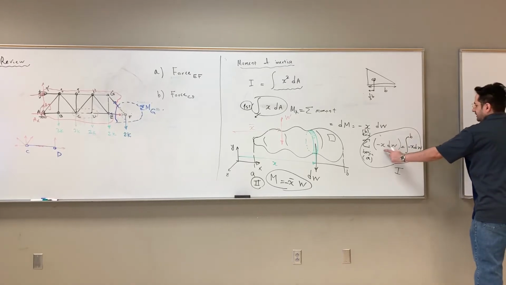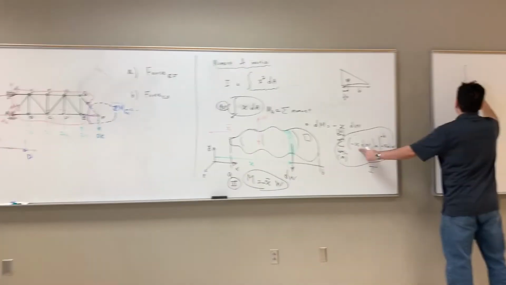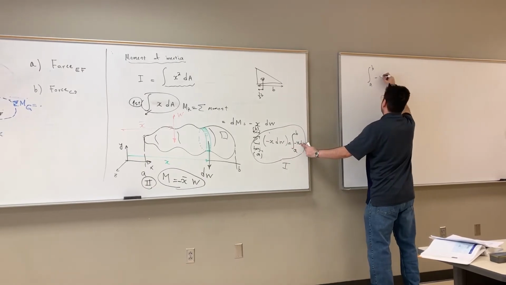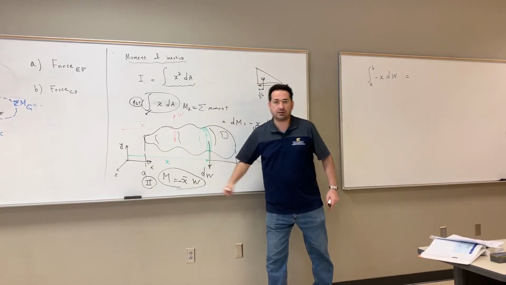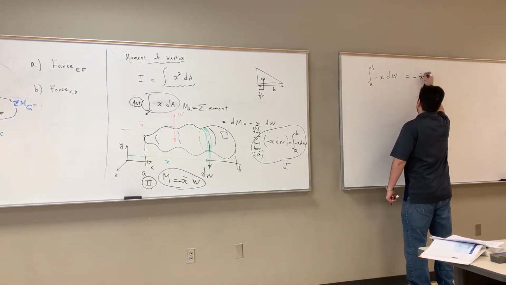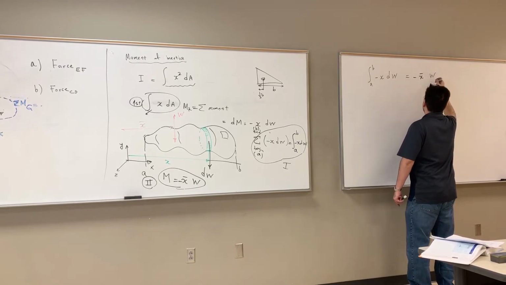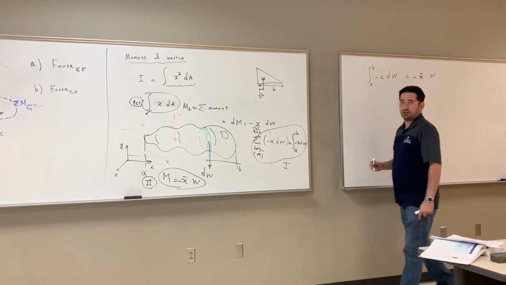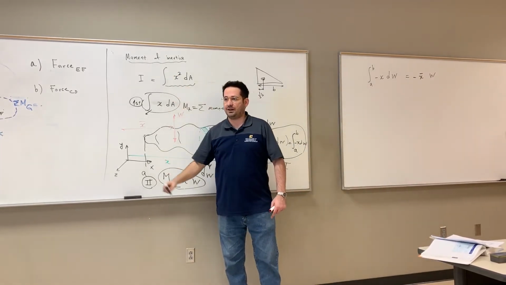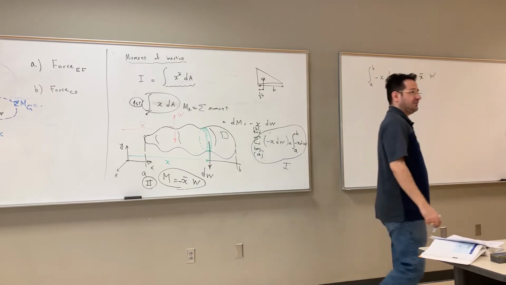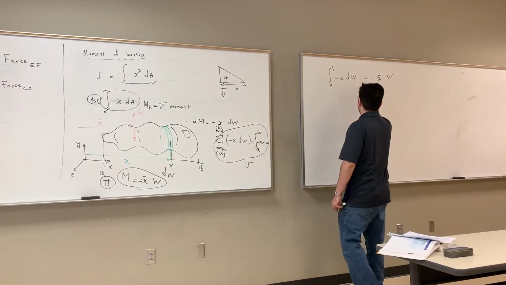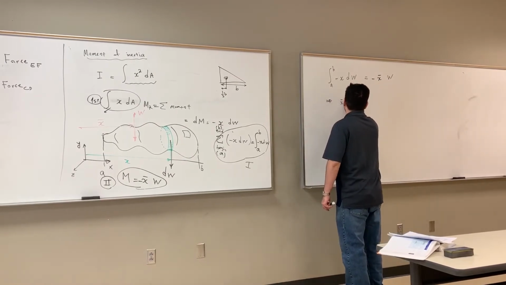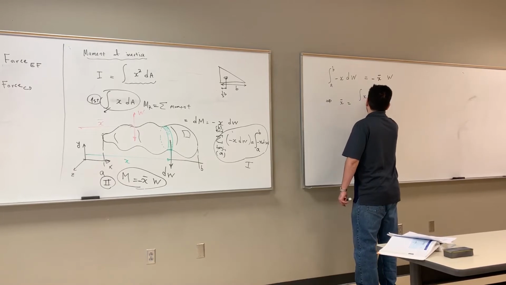So this, the integral from A to B of negative x dW, should be equal to this one, which is negative x bar W. Then this gives me the equation for x bar, the location where the point load acts, which, if the object is uniformly distributed, is the centroid. Okay, so solve for x bar. You get x bar is equal to the integral of x dW from A to B over the weight.